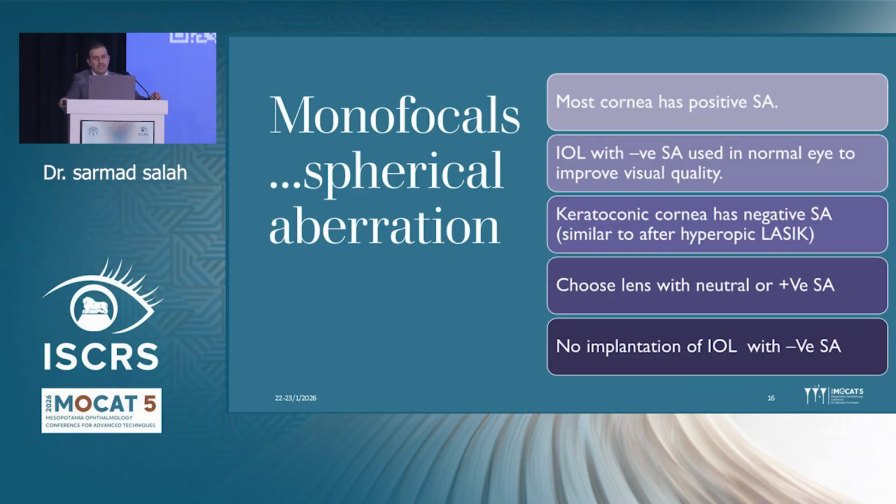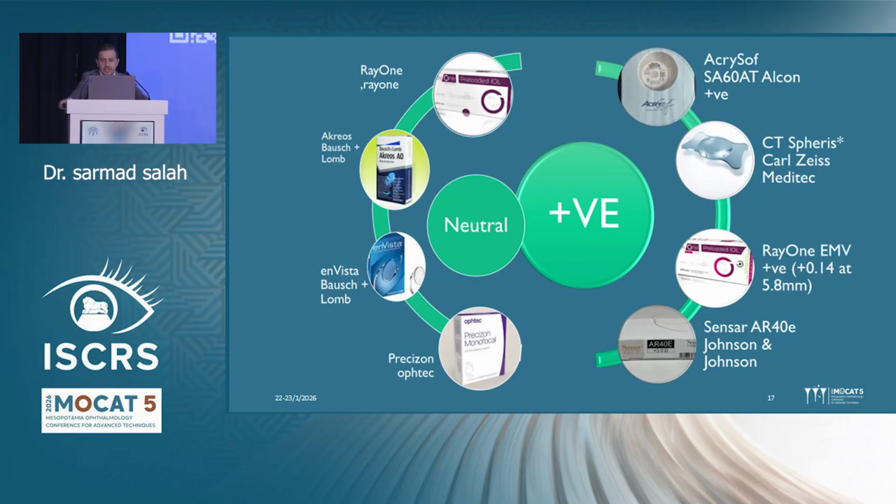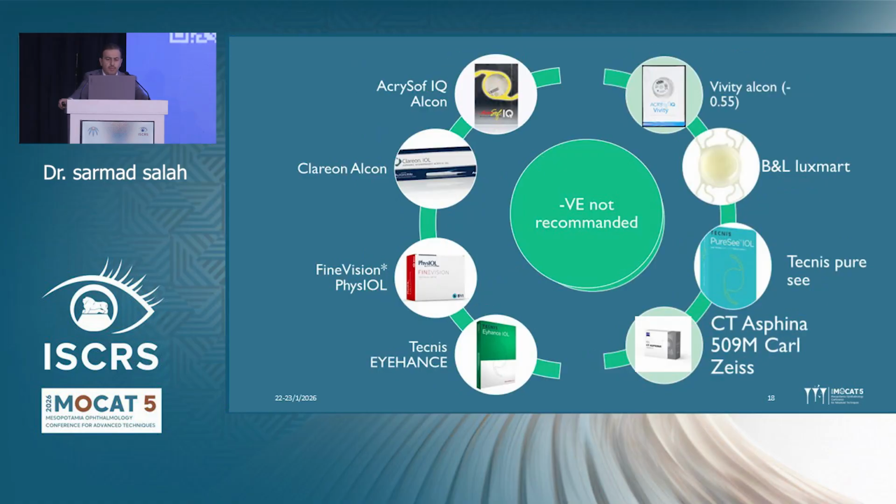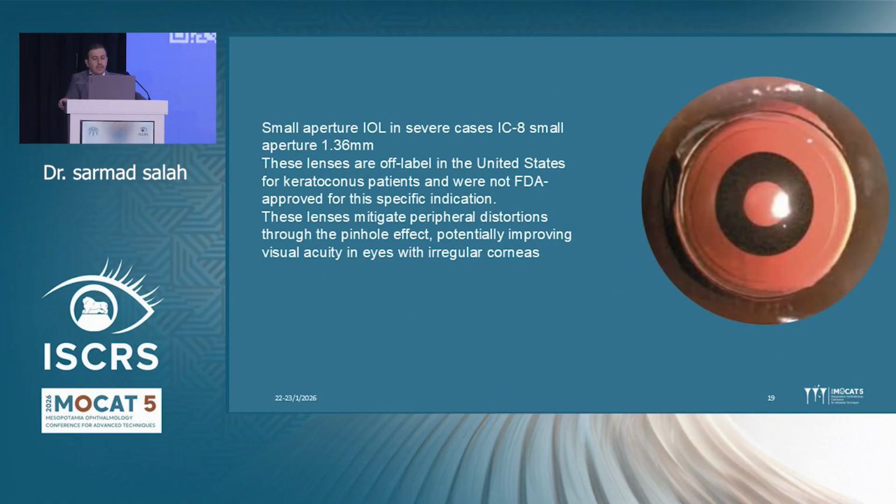These types of lenses we can implant in patients with keratoconus, and again, I don't have any financial interest regarding these products. While these types are not recommended to be implanted in patients with keratoconus. A special type of IOL called IC-8, a small aperture IOL, has no FDA approval for this indication, but it mitigates the peripheral distortion and improves vision in eyes with irregular cornea.